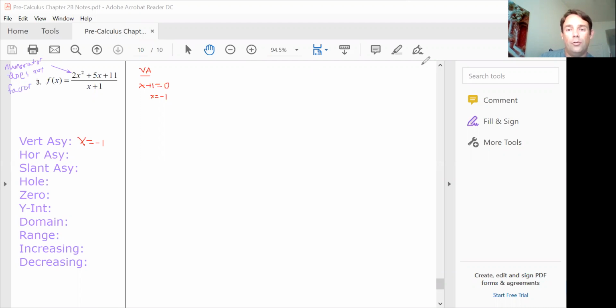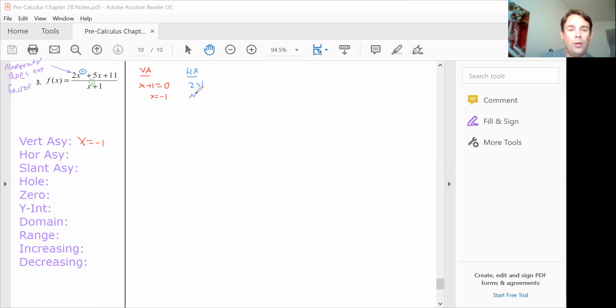All right, let's talk about our asymptotes a little bit. I have a 2 here. I don't have an exponent here, so I got to put one in there real quick, x to the first here. And I have a 1 here. So that means, friends, my horizontal asymptote: 2 is greater than 1.